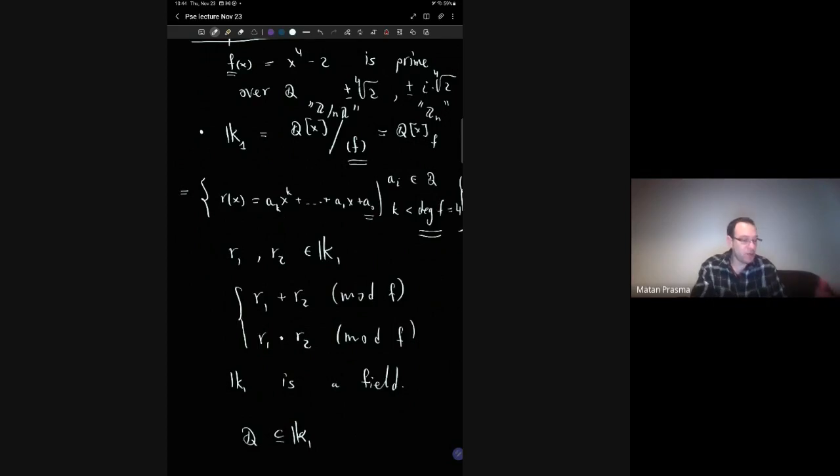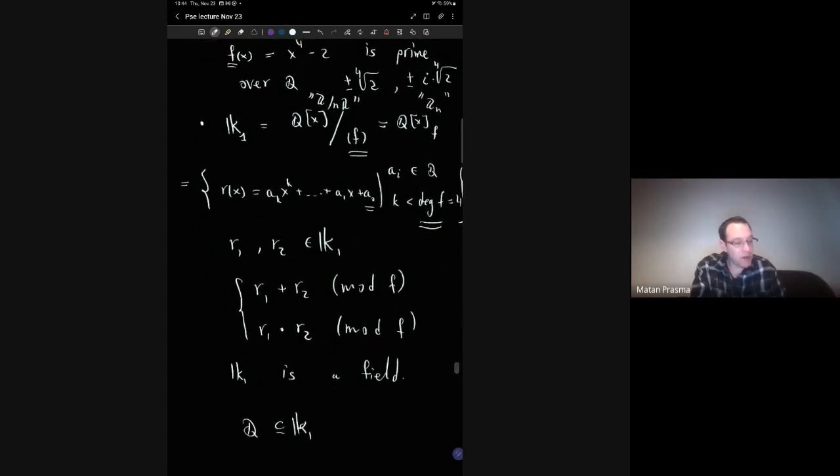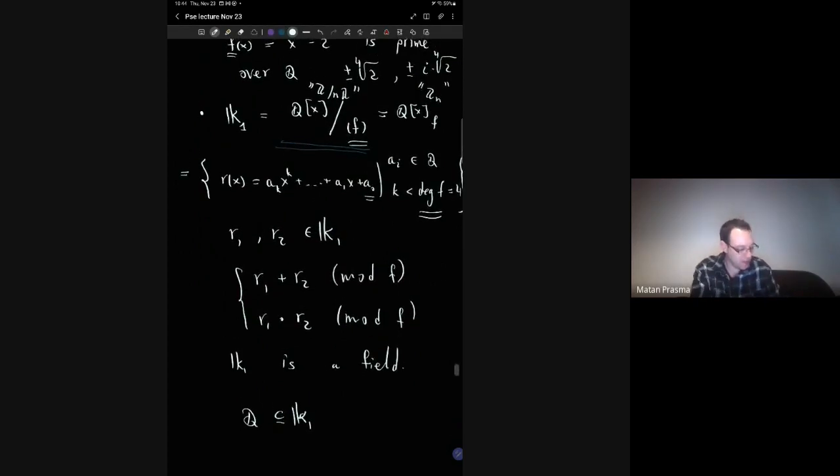Okay, so now what we are guaranteed is that this is kind of an abstract construction, right? This Q[x] modulo F. But we are guaranteed that there will be a K1. I mean, I can consider, of course, f of x.